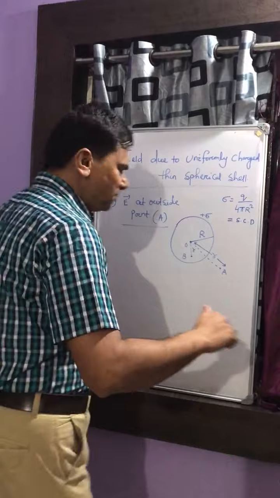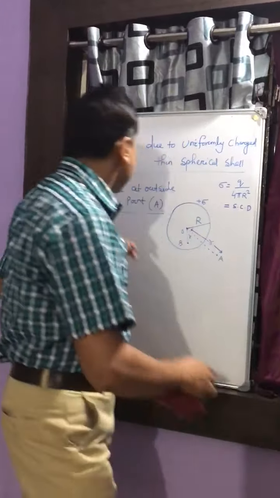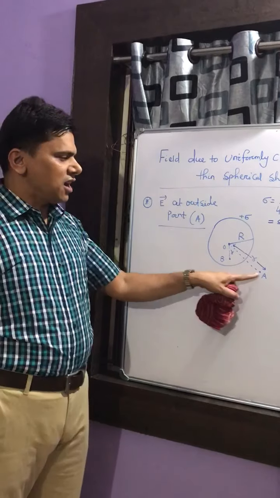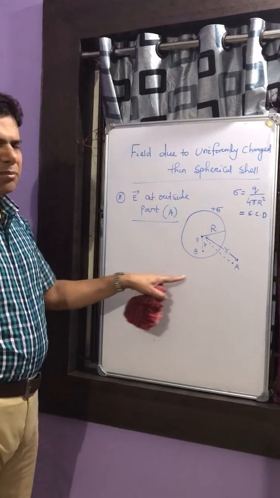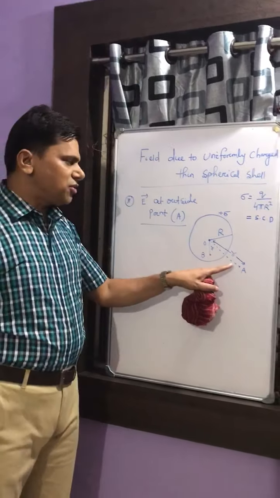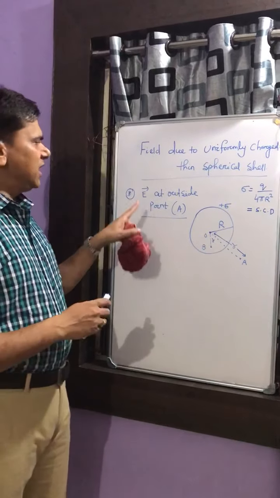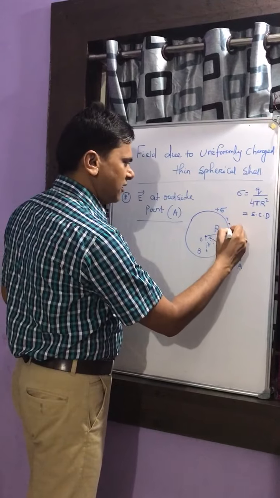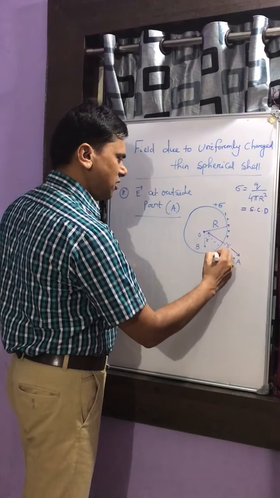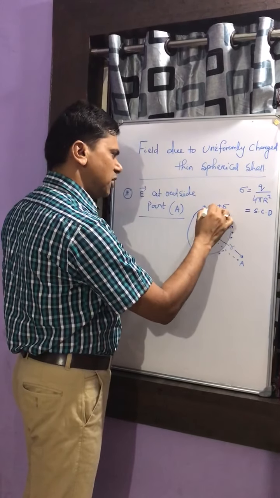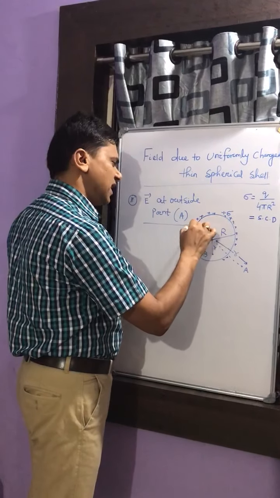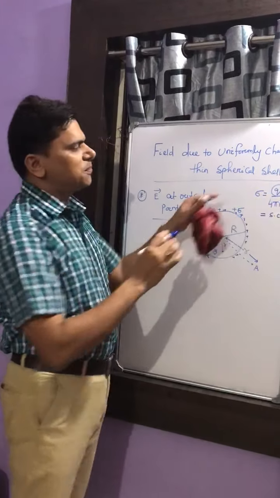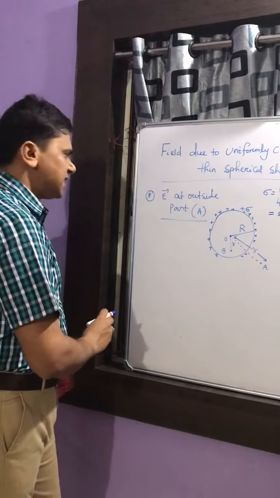Now, the first point is the electric field at an outside point. Here the outside point I have taken as capital A. At that point we will find the electric field, and keep in mind that this is the charge distribution. Not only at this point, throughout the surface there is charge, and the total charge is small q, and surface charge density is sigma.